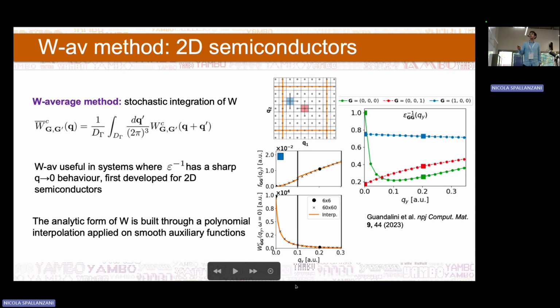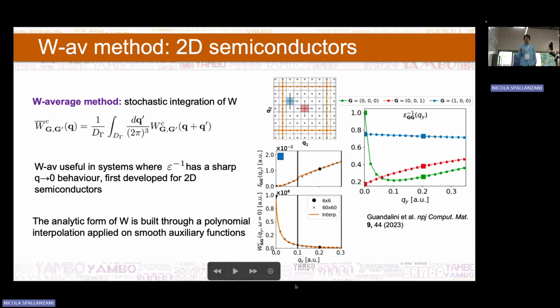You see certain parts of the dielectric matrix, like for example this line here, are indeed piecewise constant for all the different momenta Q. Instead, other parts, like this green function here, are very sharp with respect to the momentum. So you cannot assume this as piecewise constant, and you need to integrate the whole thing together.